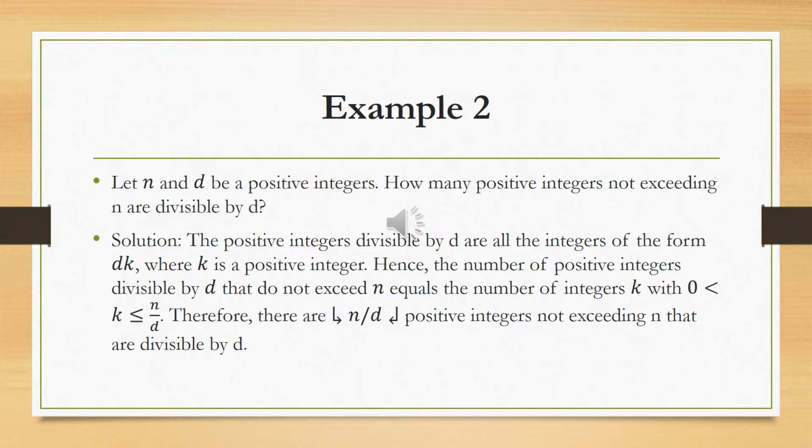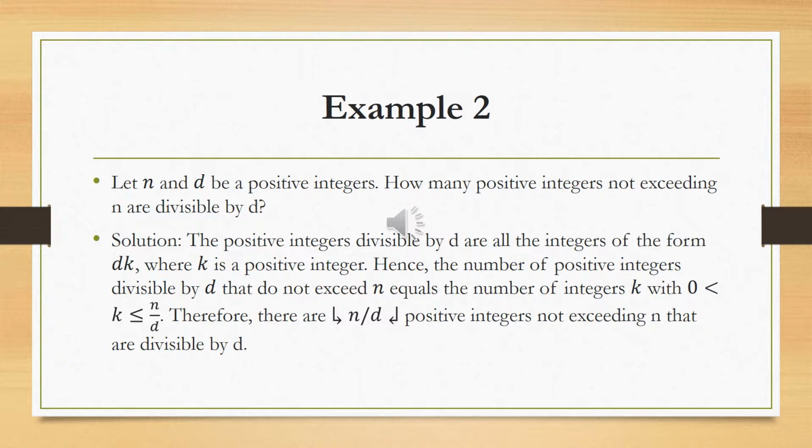Hence, the number of positive integers divisible by d that do not exceed n equals the number of integers k, with k bounded between 0 and n over d. Therefore, there are floor of n over d positive integers not exceeding n that are divisible by d.